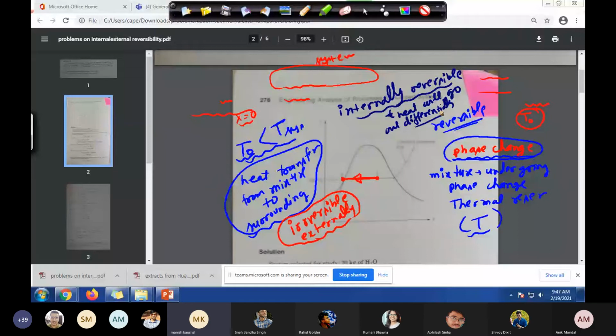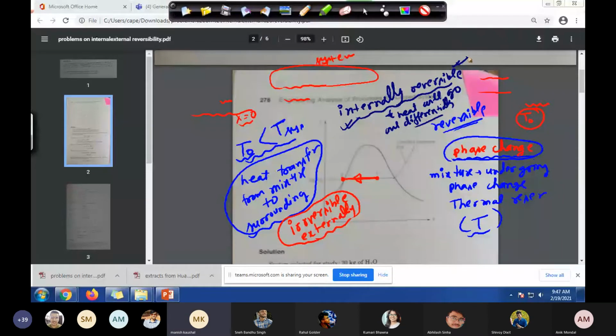Quasi-static process says it should happen slowly and a small amount of heat should go into the system or come out of the system. If I see my liquid vapor mixture, that criteria is completely satisfied, that heat is going out of the system differentially. So my system is internally reversible, no doubt.